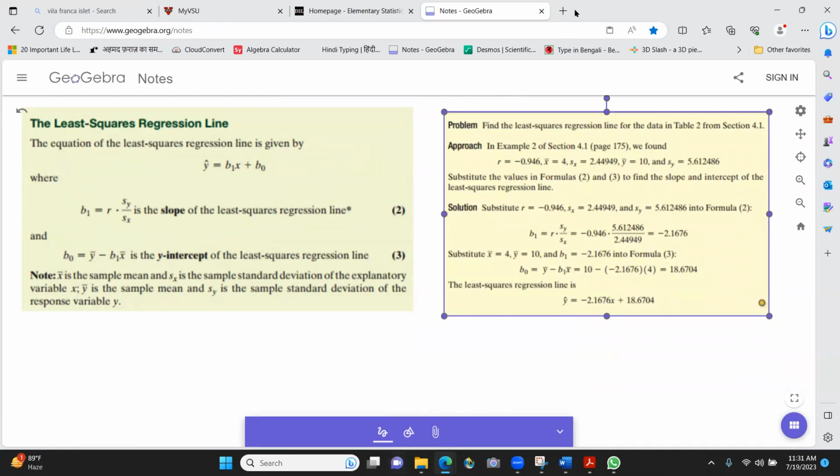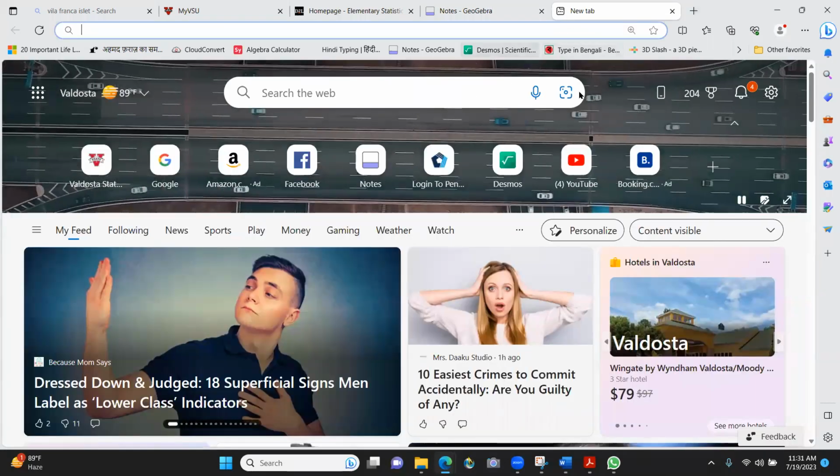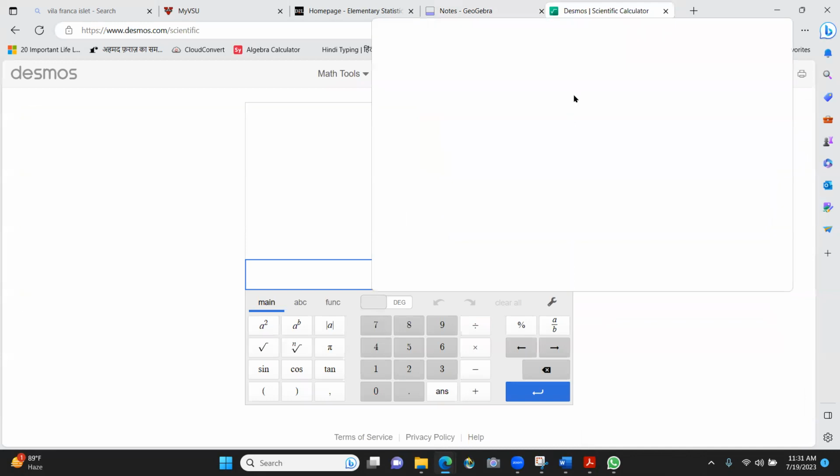So let's do it on our calculator just to make sure we are doing it correctly.